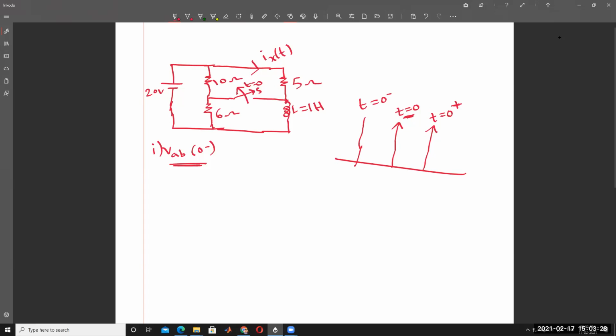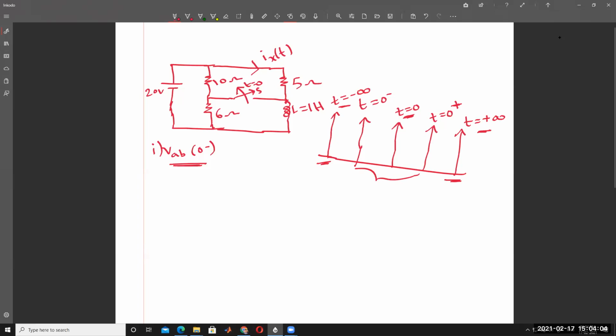So before the switching action, and t is equal to minus infinity, this is also called a steady state. Understood? This is called the steady state position. And also t is equal to plus infinity is also a steady state position. These are called transient positions between the two steady states.